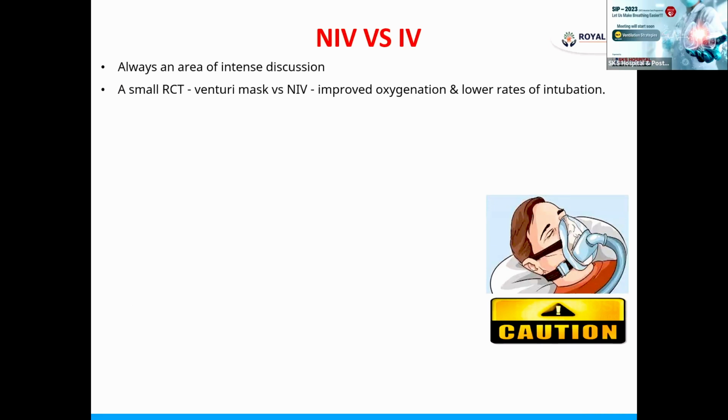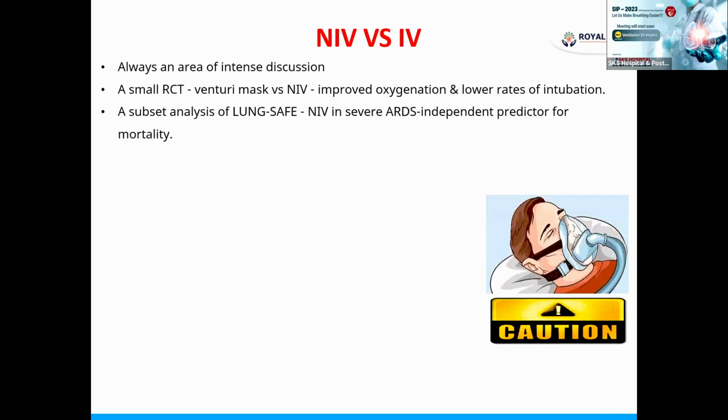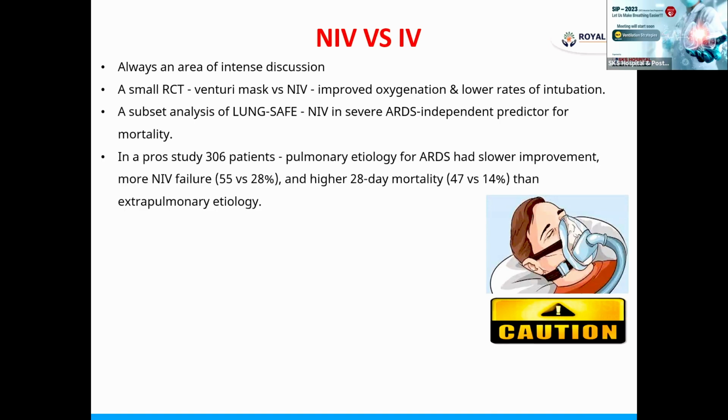So they started doing some small studies. In the initial small RCT, when they compared Venturi mask with NIV, there was an improvement in oxygenation and lower rates of intubation. But later, when they did larger studies and an analysis of the LUNG SAFE study, they found that NIV, when used in severe ARDS, can be an independent predictor of mortality. So it should not be used in severe ARDS.